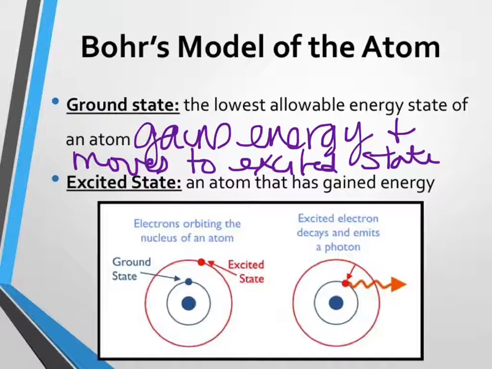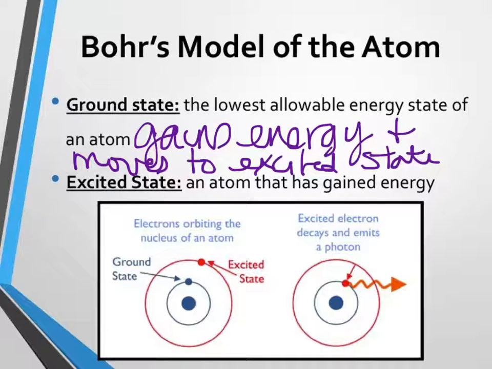So now it's in the excited state, and it wants to get rid of that energy, okay? They want to be at the lowest energy that they have. So to get rid of that energy, the electron will fall down to the ground state.